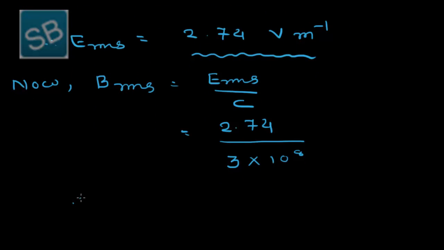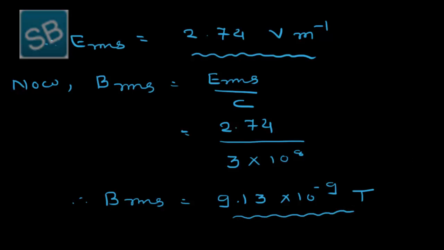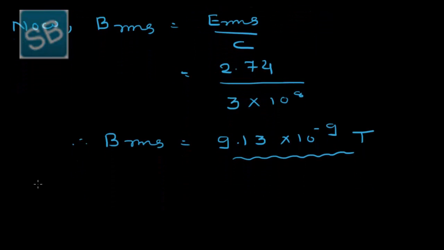So the final answer of B RMS will be 9.13 into 10 to power minus 9 Tesla. But what is the RMS value? E RMS is defined by E0 upon under root 2, and we need the value of E0.